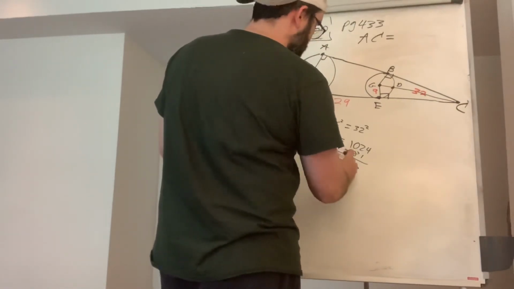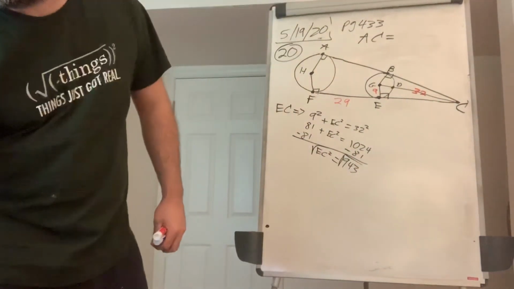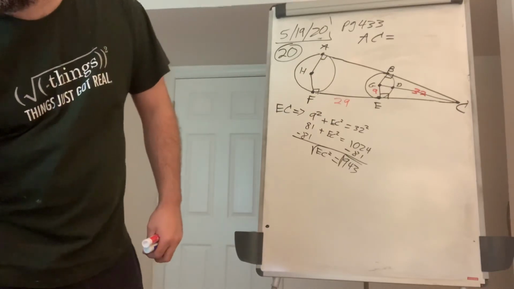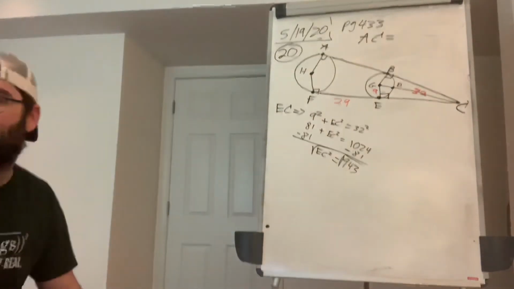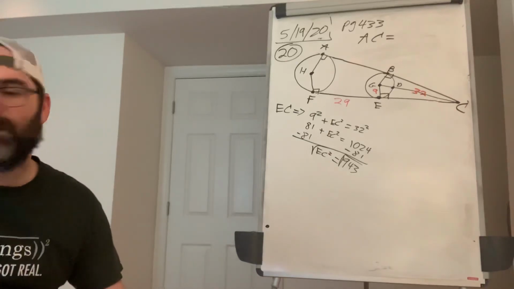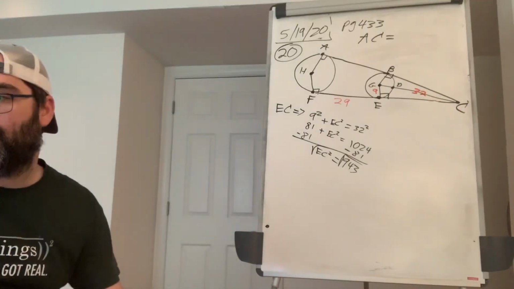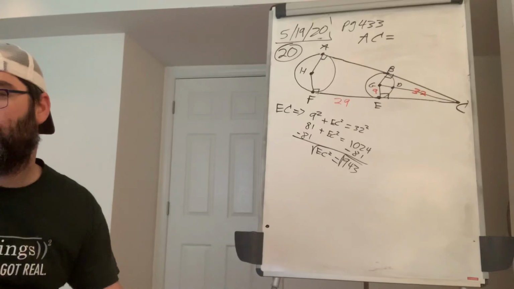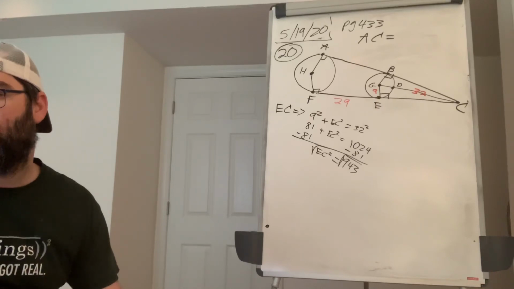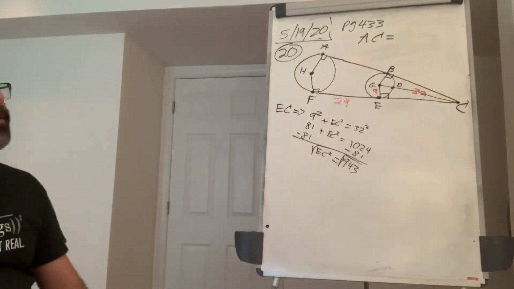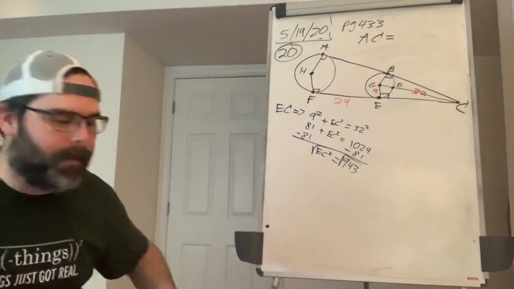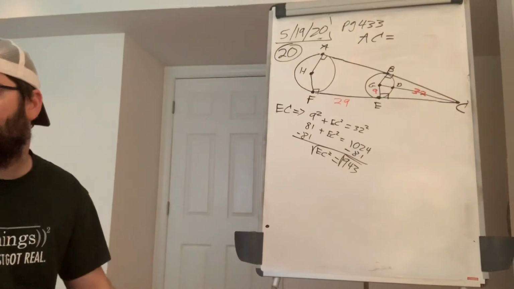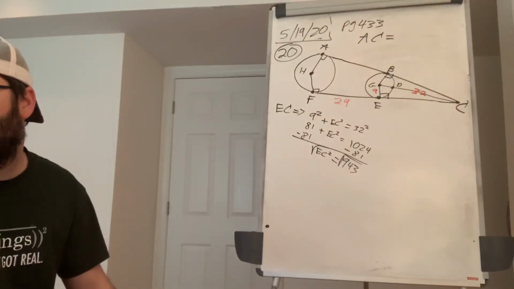We're going to take the square root of both of those. Let's hope it gives us a perfect square root. It does not. Yeah, so 943. All right, that's okay.